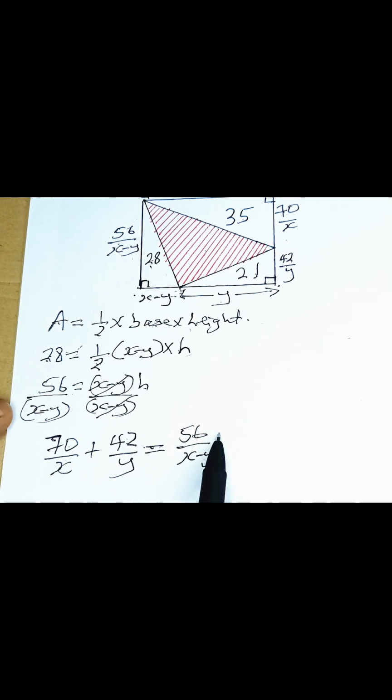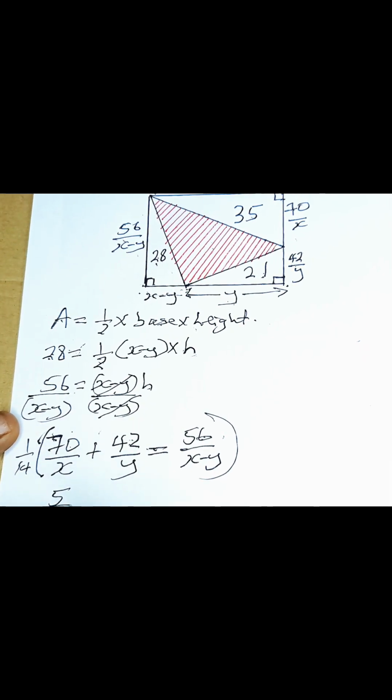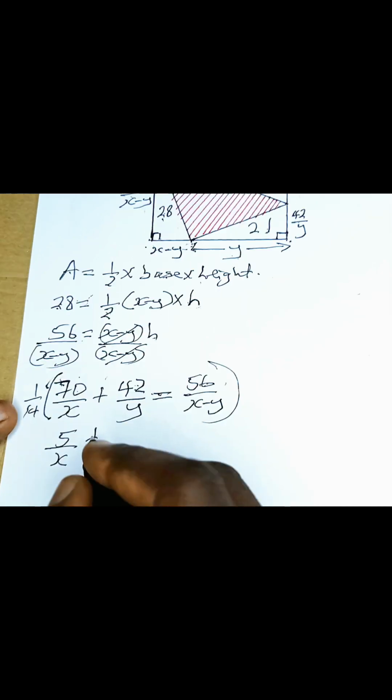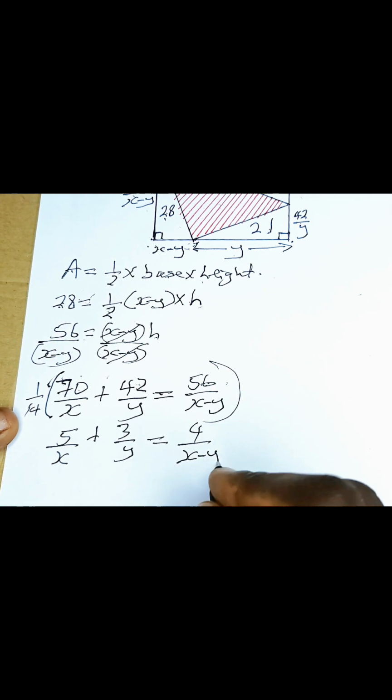So when we divide through by 14, we get 5 divided by x plus 3 divided by y is equal to 4 divided by x minus y.